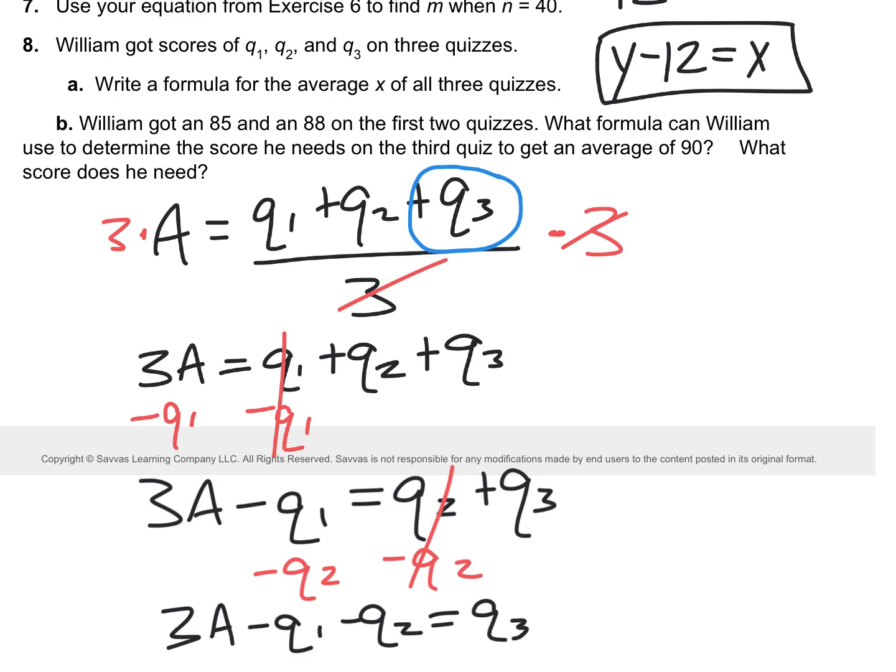Now for the problem, they gave me 2 of the quiz scores, and we want to get an average of 90. So all I'm going to do is plug each of those in for their appropriate values.